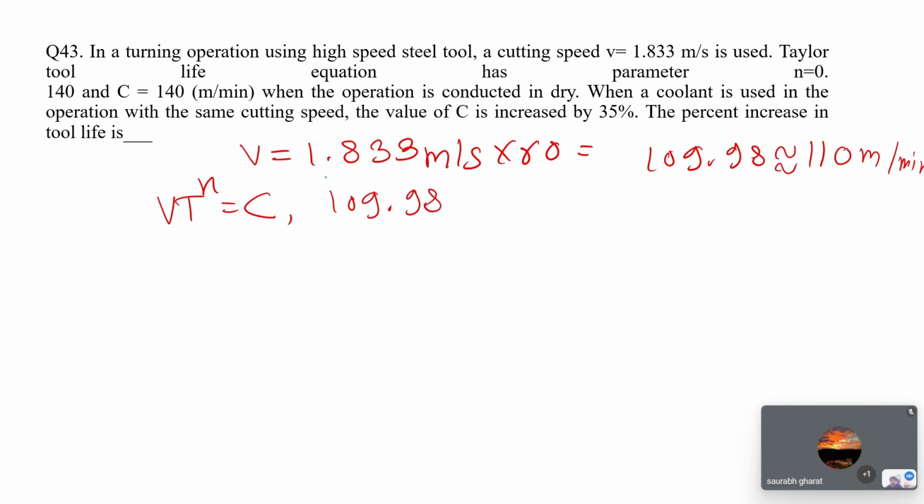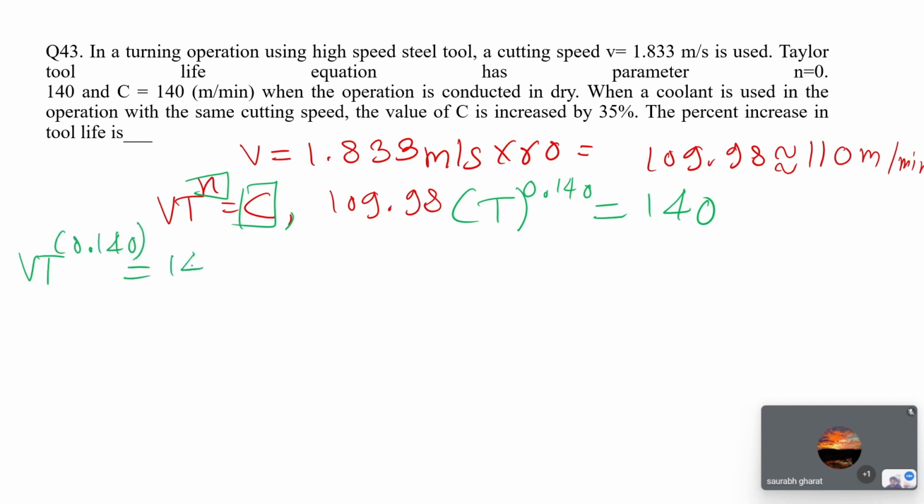N is given as 0.140, and our constant C is 140. What is given here? V is given, N is given, C is given. So V T raised to 0.140 is equal to 140. This is the actual equation.